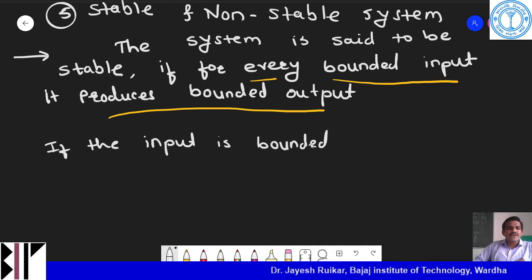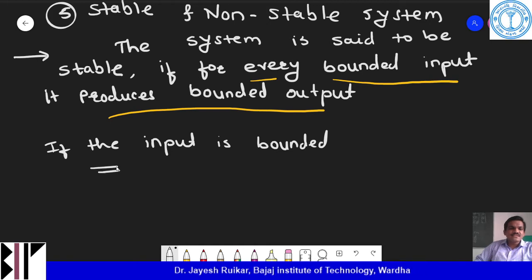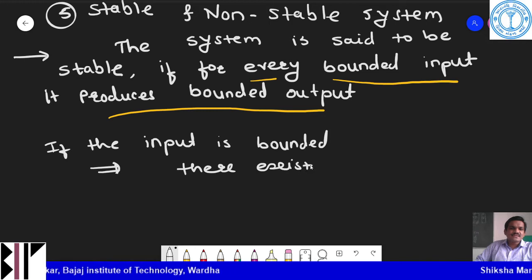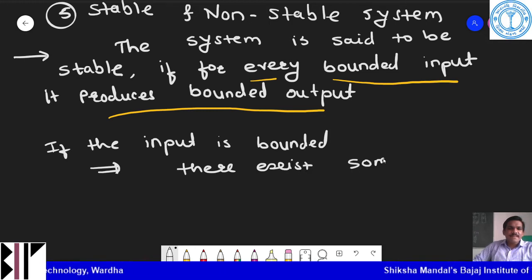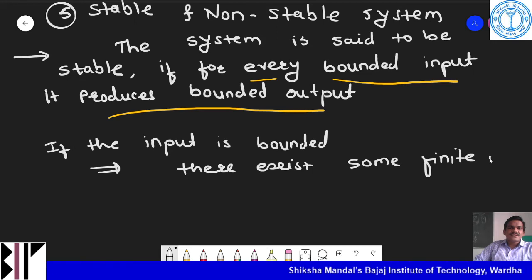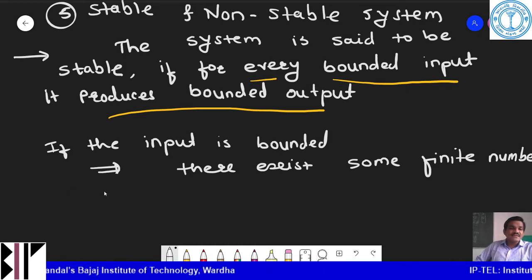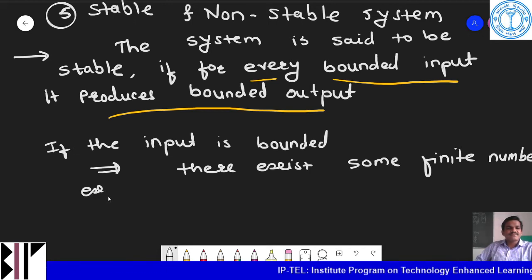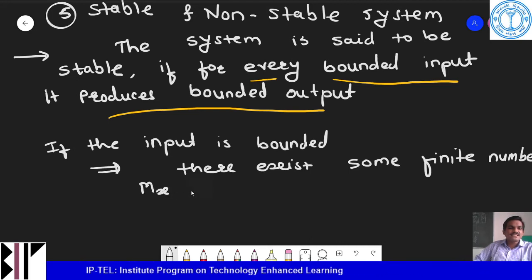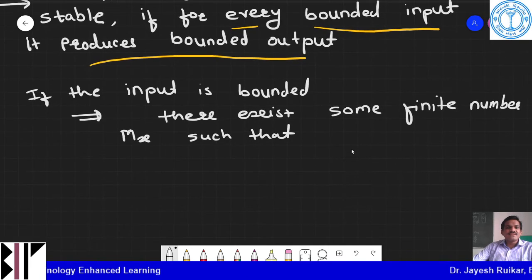Write down here: if the input is bounded, that means there exists some finite number. Let us take, for example, at the input side, there exists a finite number, let us take it as Mx, such that, if the input is bounded, meaning what?